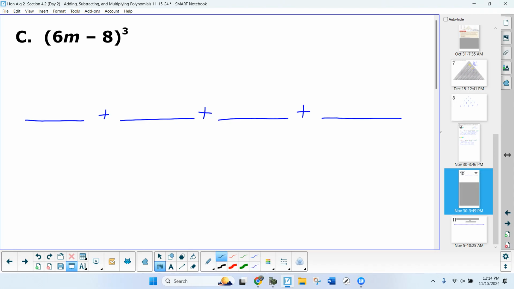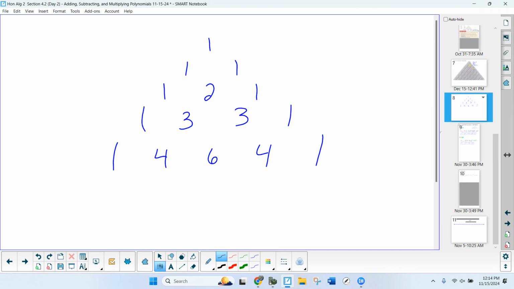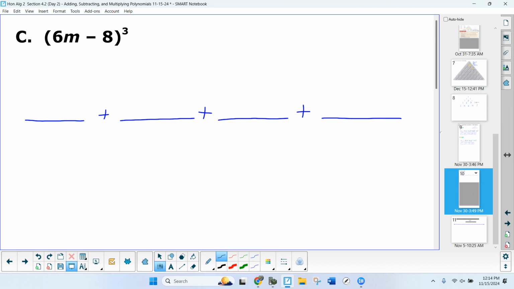Okay? What are the coefficients, Paige, when you have a 3? So you go to the third row, the one that has a 3 in it, and you're going to have what? Okay? 1, 3, 3, 1. In all honesty, you guys get so excited to do the other parts and you forget to do the coefficients. Don't forget the coefficients.